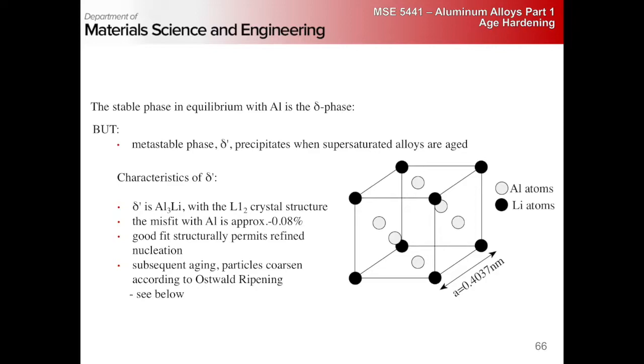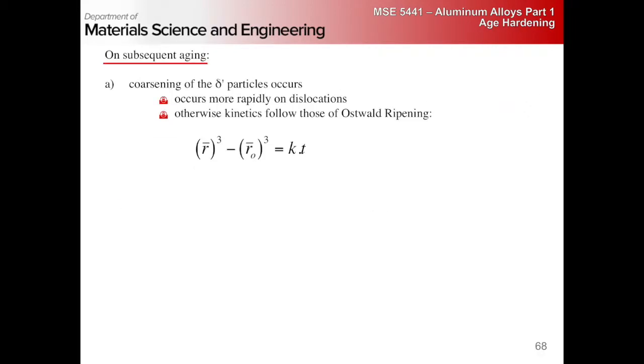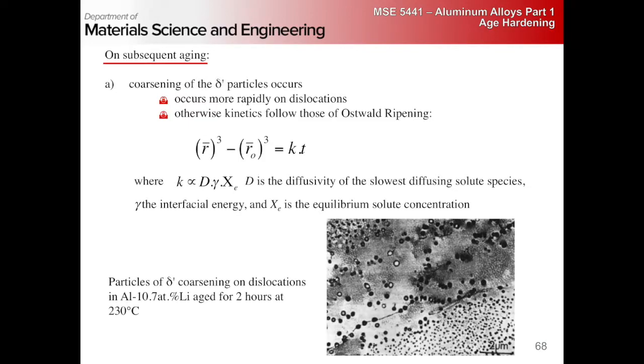and grow by Ostwald ripening, right? Remember, Ostwald ripening is the particle coarsening, where small particles will shrink and large particles will grow, and this is a direct consequence of Gibbs-Thomson.